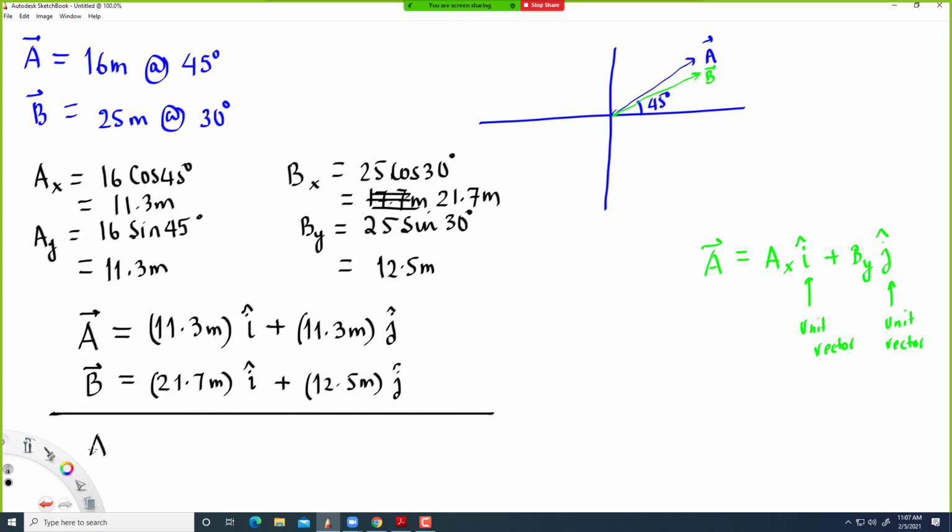So we want to do A plus B. 11.3 and 21.7, that is 33 meters i hat, plus 11.3 and 12.5 is 23.8 meters, and that's along j hat. Okay, so that's the sum of two vectors.